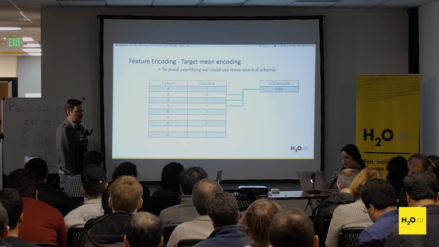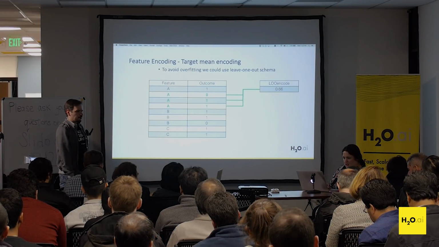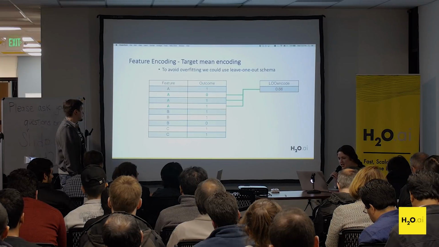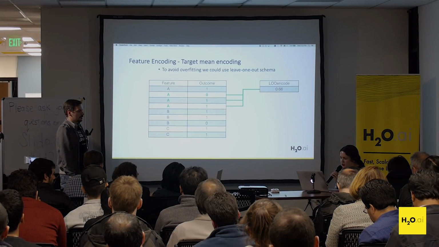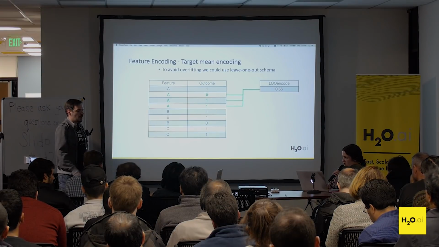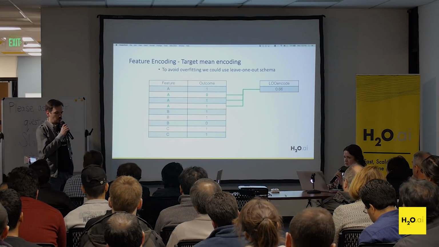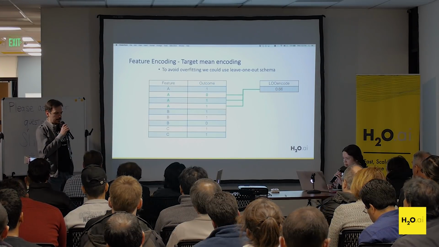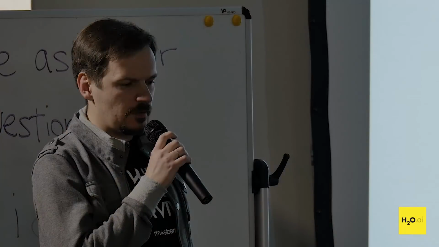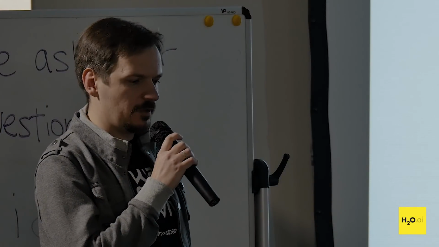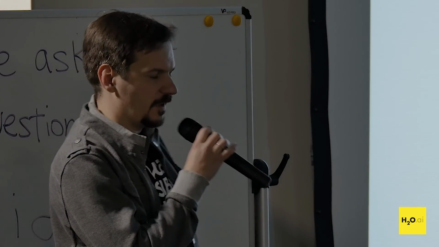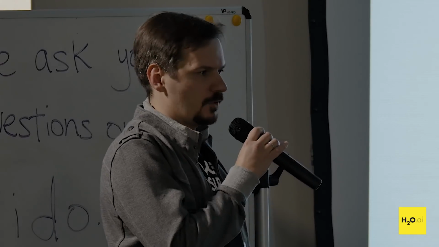Question here. Let's see. Is there any good feature encoding tool, for example, a tool to help compute target mean encoding? Yeah, I think there are some scripts in the wild for Python. I don't remember the links, but obviously you can find a ready script for Python for sure on Kaggle.